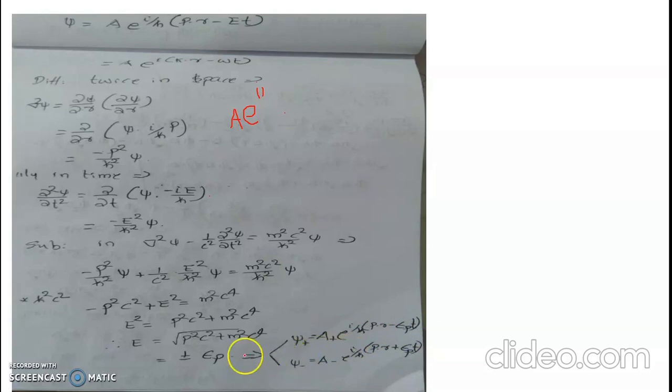And corresponding to negative energy minus E_p, the solution is ψ₋ equal to A₋ e^(i/ħ (p·r + E_p t)). So there can be two different solutions for the free particle.